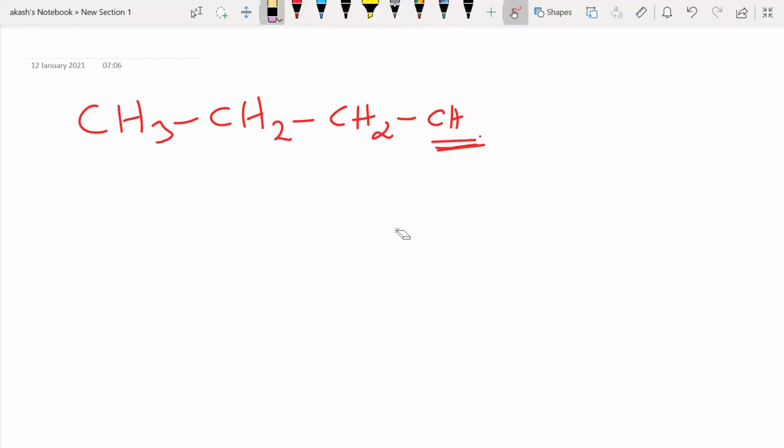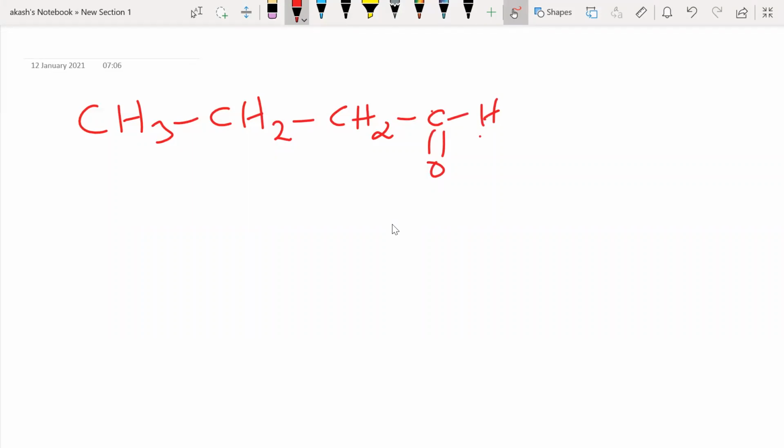If I write the structure properly, it will be something like this: C double bond O and H. What I told you is you have to remove an alpha hydrogen, because that is acidic, as H plus, and then you will have a negative charge on carbon.